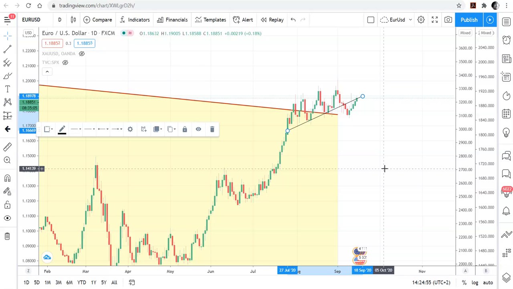One, if technicals mean anything, and these small technicals may not actually mean anything at all, although this is going back to July, so we have essentially 2 months worth of price action. So it's going back enough, but it's a mini triviality really in the context of what's happening.